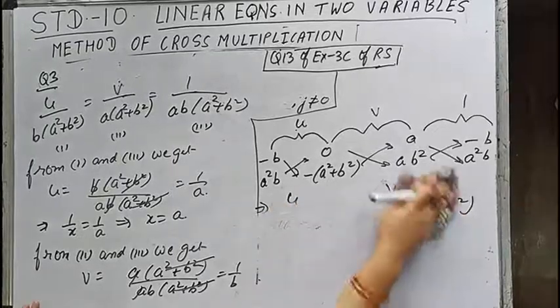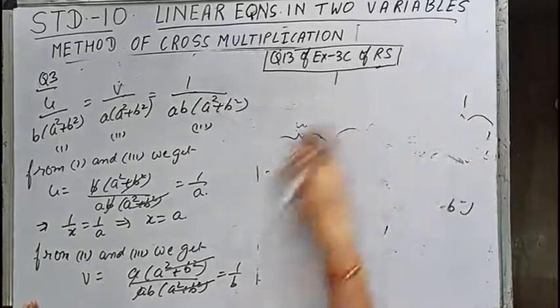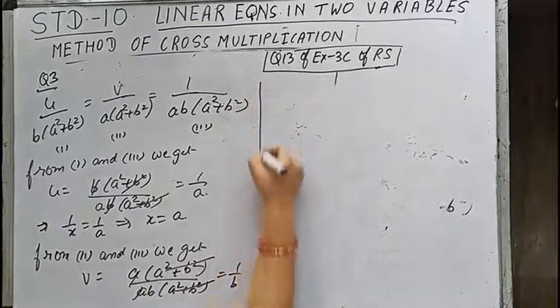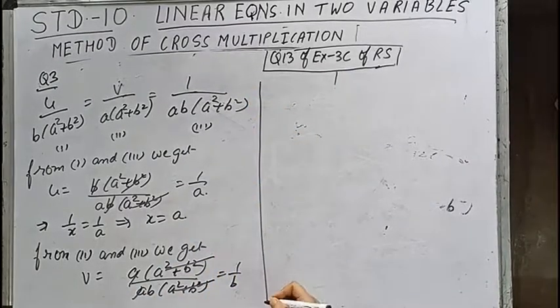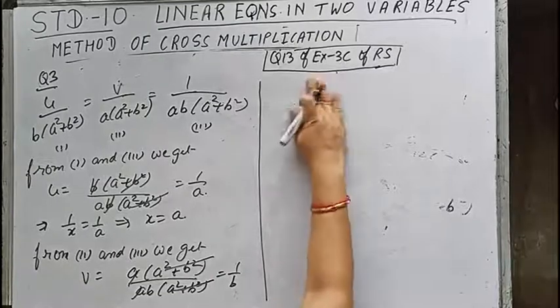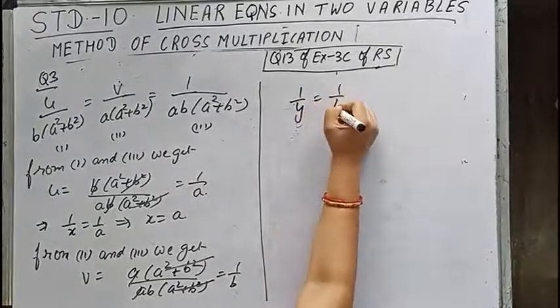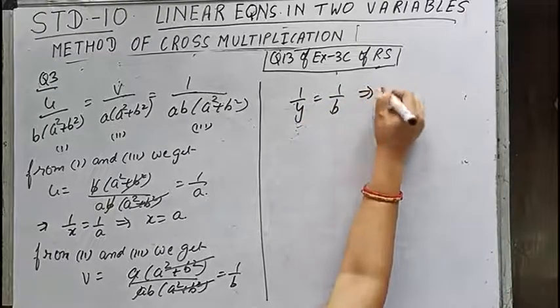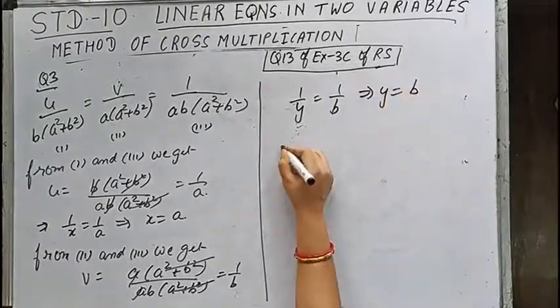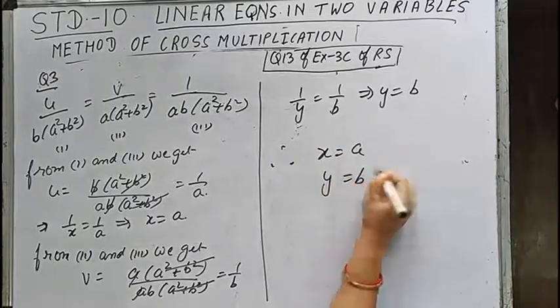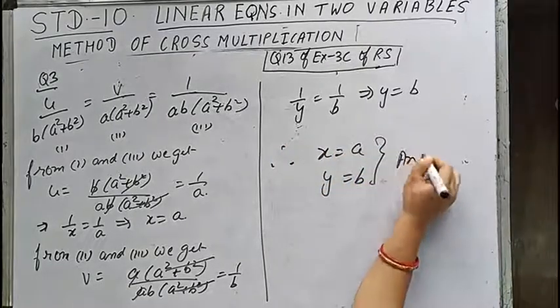So we get 1 by y equals 1 by b. This implies y equals b. Therefore, x equals a and y equals b, and this is the answer.